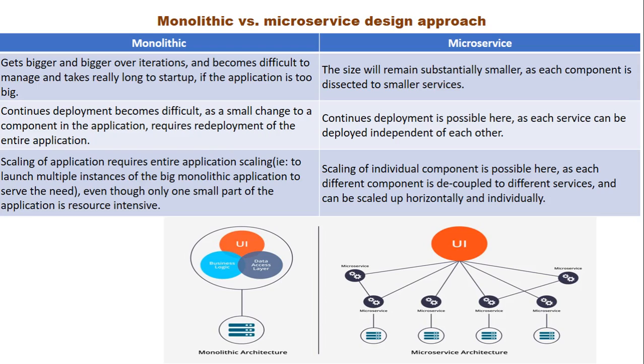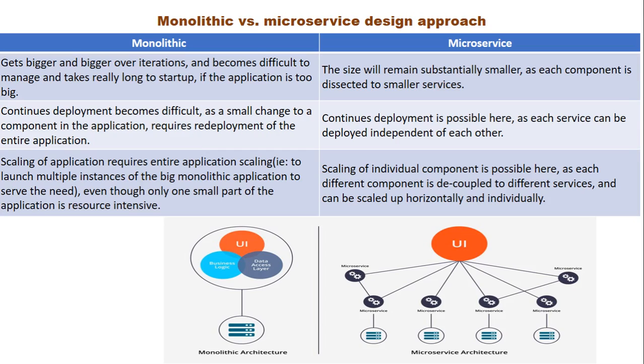In monolithic, number one, as time goes on the monolithic architecture grows, and it's very difficult to manage. For example, after 5 or 6 years, people come and go and new teams come in.